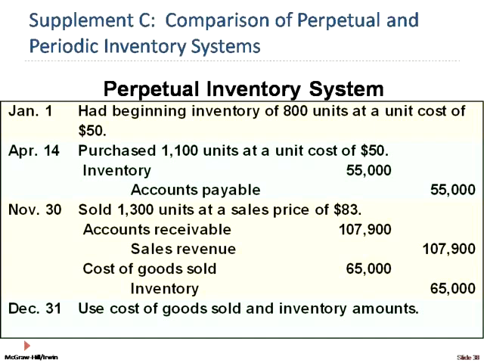At December 31st, the company would use the cost of goods sold account balance on the income statement and the ending inventory account balance on the balance sheet. A physical count is still necessary to assess the accuracy of the perpetual records and identify theft and other forms of misuse.